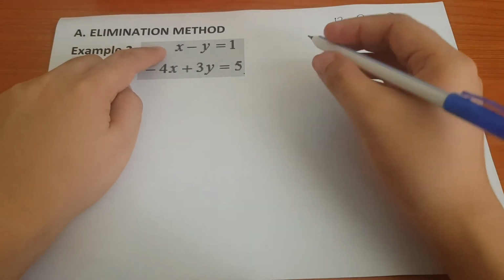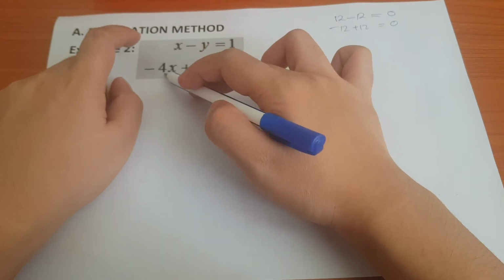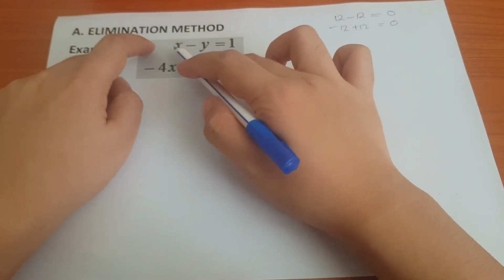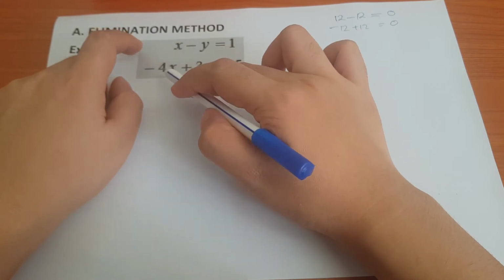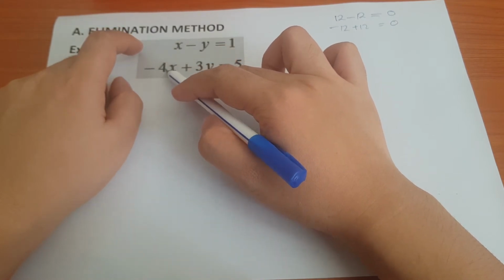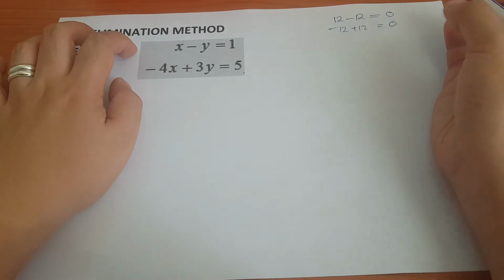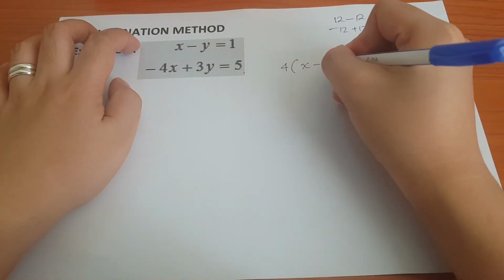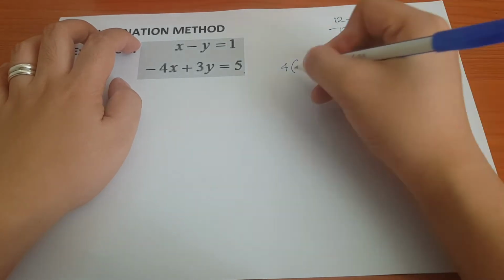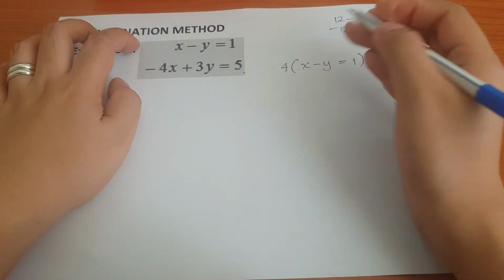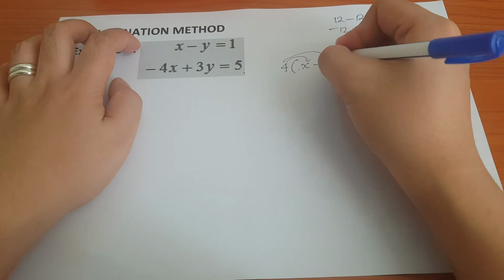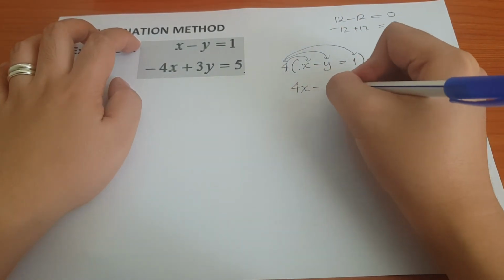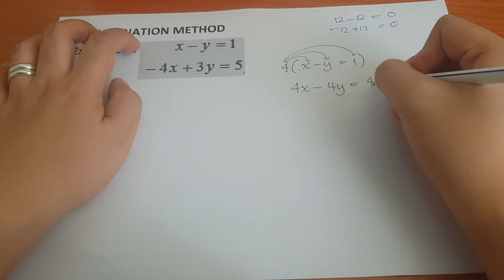In this case, in my first equation, if I'm going to make my x 0, I will multiply by something so that it will be the same as this, but with opposite sign. That means I will multiply my first equation by 4. So this will become 4x minus 4y equals 4.